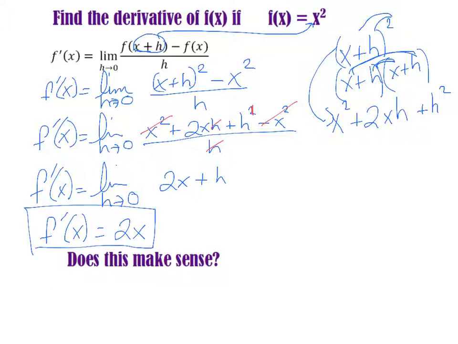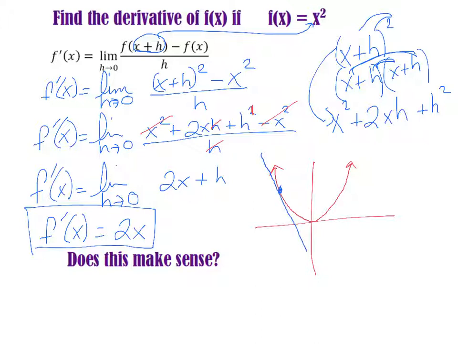Now my question is, does this make sense? Okay, this is different. Let's look at the graph. It's a parabola right here. Just your parent graph. And to say that the derivative is 2x, well, that's not very specific. But you have to understand that the slope of the tangent line is going to change as you ride along the side of this parabola.